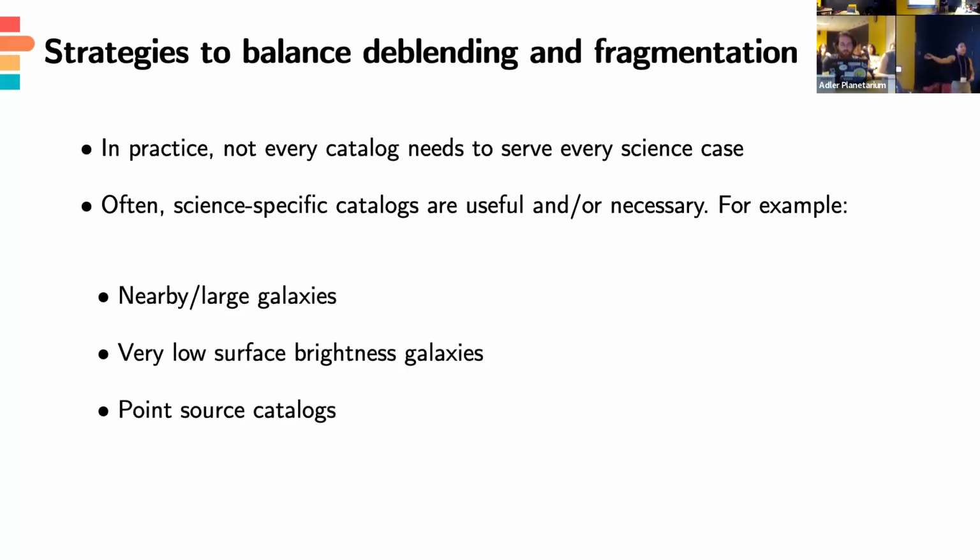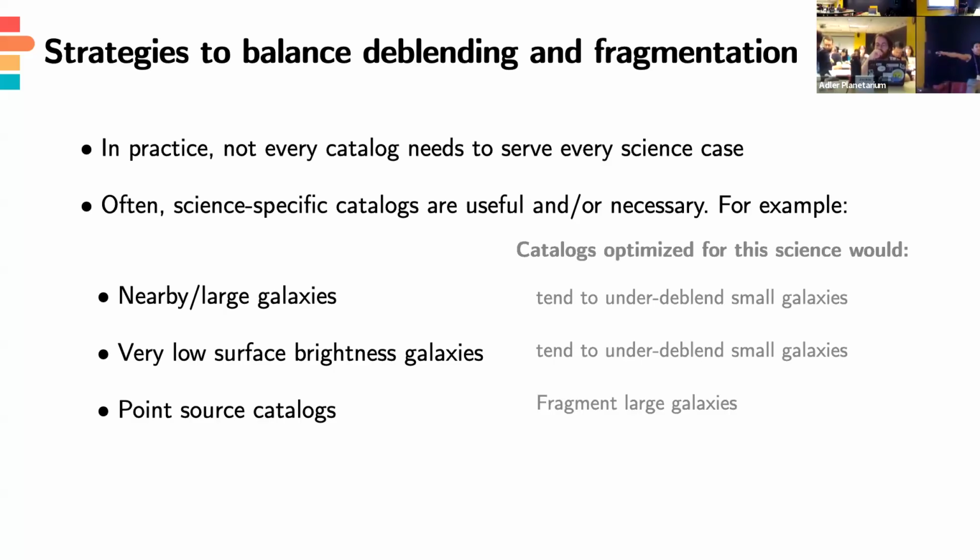And then point source catalogs are also an example of a science-specific catalog in a sense, in that you're just looking at the point sources and you don't care about the extended sources. So really, a strategy to balance deblending and fragmentation is to say, I want my catalog to serve my specific science case, and I would like my catalog to do this science well.